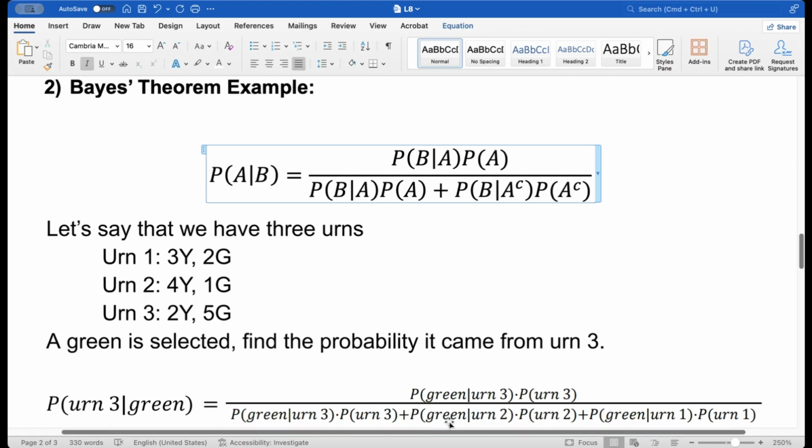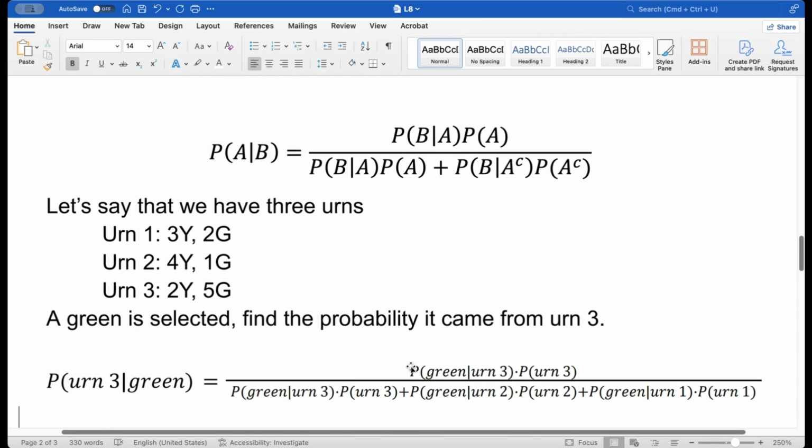And we'll do similar calculations for urn 2 and urn 1. So a little bit of an extension here from the basic formula. We have 3 different urns here. We have 3 possibilities for getting a green. So we have to include each case there, urns 1, 2, and 3.